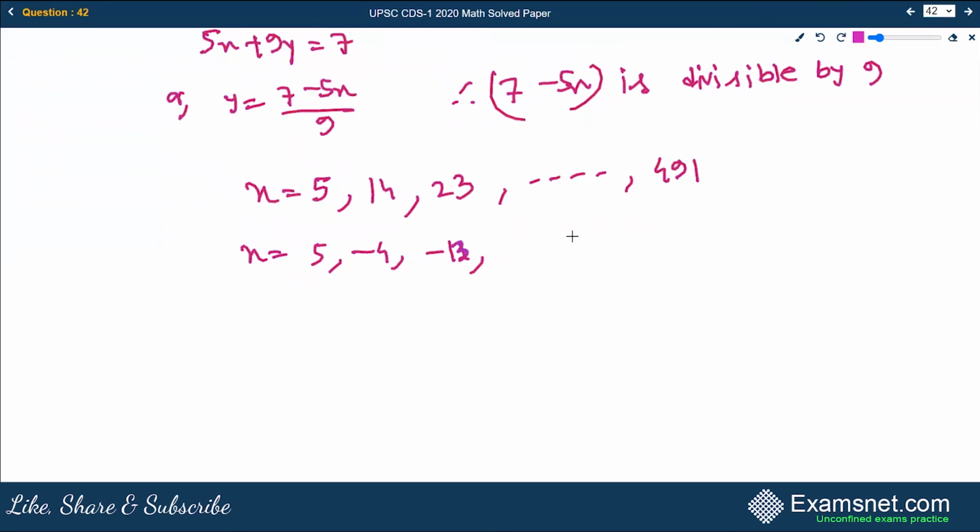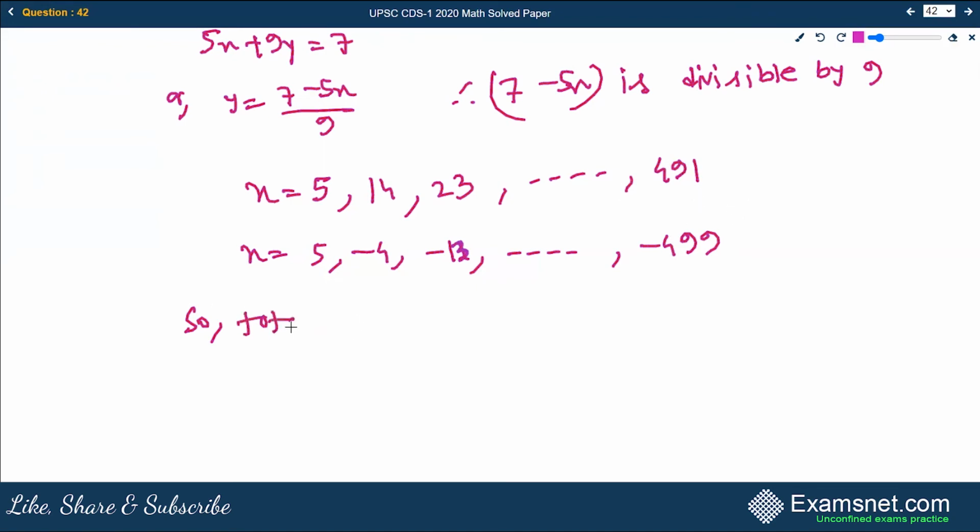So here we can say it will continue till minus 499. So the first term, let's say, is minus 499, because we always start from the negative side, and the last term, let's say, is 491.